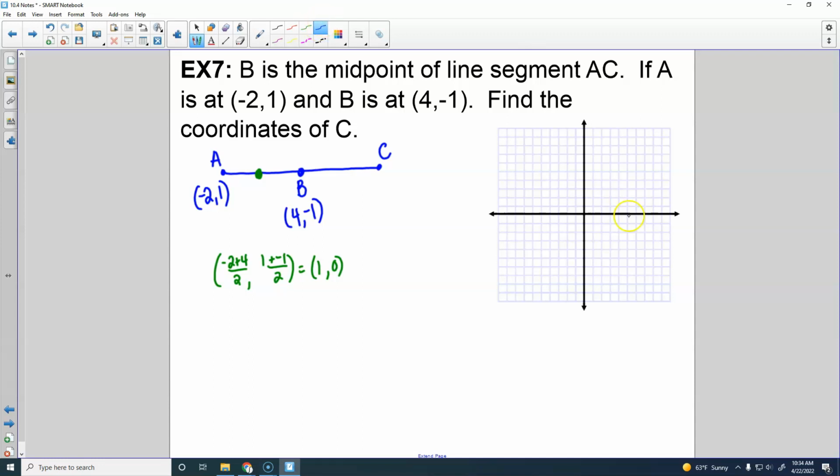I put the actual graph over here so we could graph this. So negative 2, 1 is right here. And 4, negative 1 is right here. So what general area should C be in? Which quadrant?